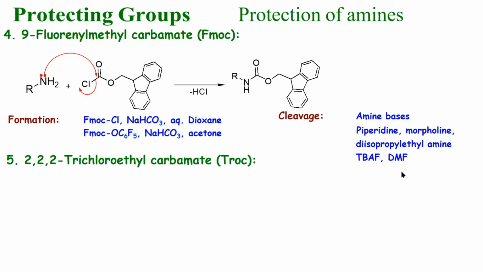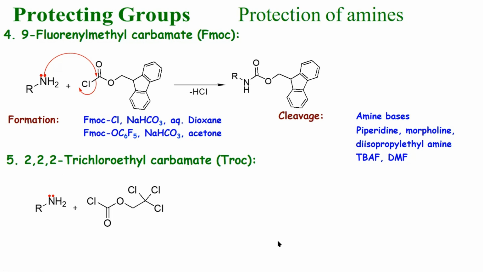The fifth method is protecting the amino group by using 2,2,2-trichloroethyloxy carbonyl chloride to form 2,2,2-trichloroethyl carbamate. We call it TROC protection.